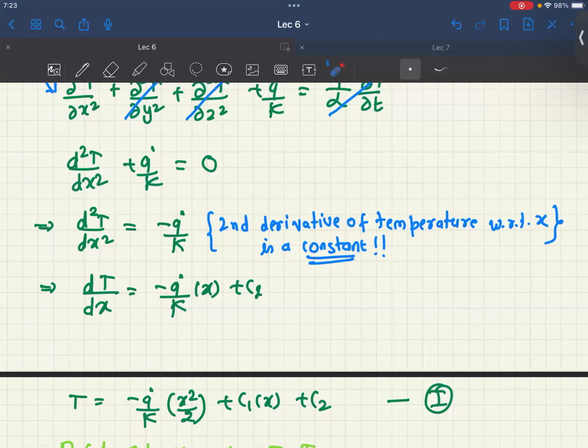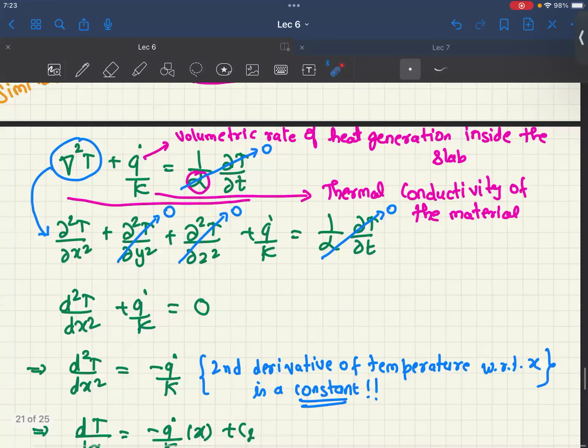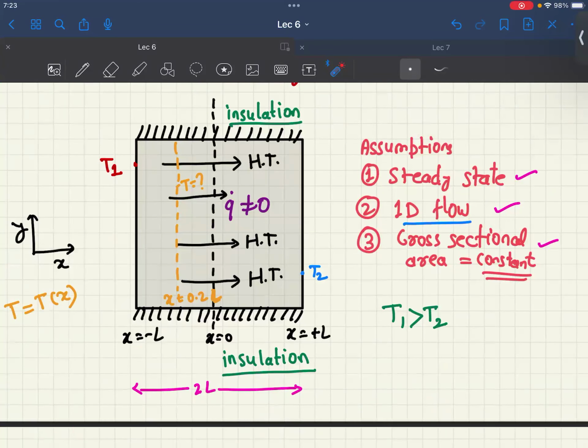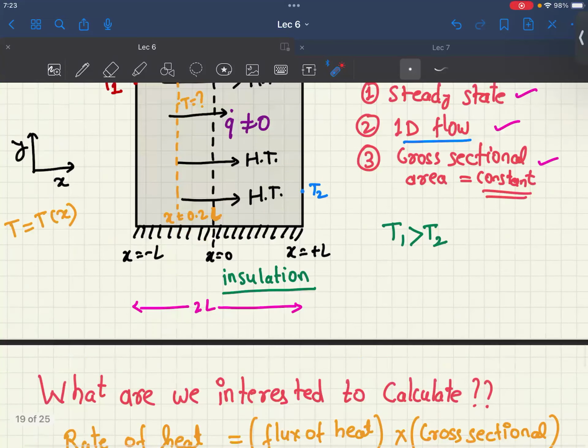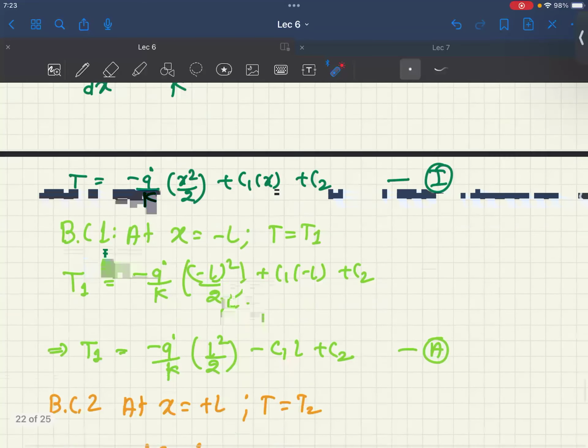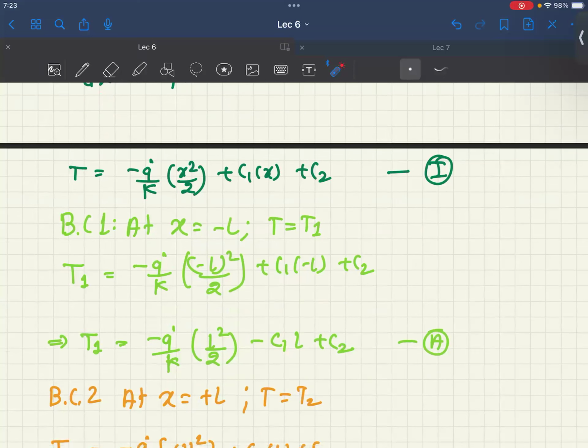So now here we have two constants. In order to solve this equation, we need two boundary conditions, right? If you look at the problem statement, again we have boundary conditions on temperature: at x equal to minus L the temperature is T1, and at x equal to plus L the temperature is T2. So for the first boundary condition, instead of T you just put T1, and instead of x you just put minus L, right?